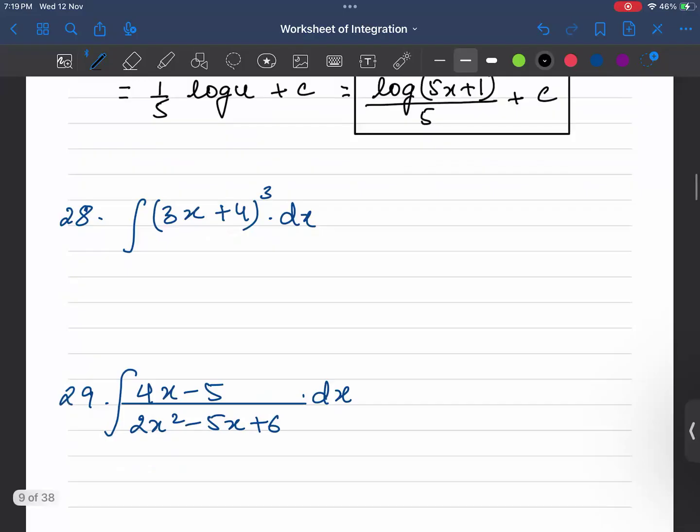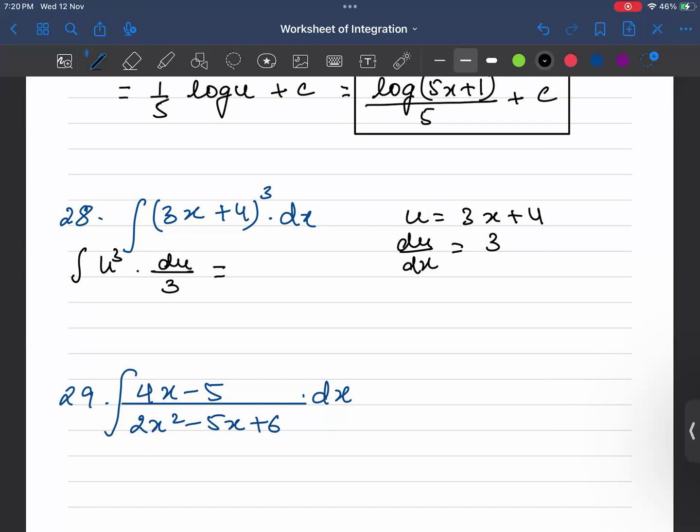Now, 3x plus 4 whole power 3 dx. Again, u equals 3x plus 4. Then du upon dx will be 3. Right? I can write u power 3, and in place of dx, I can write du upon 3.